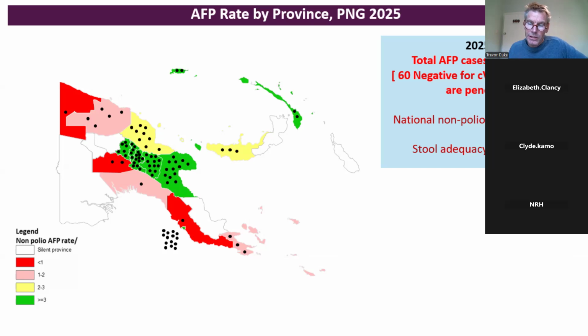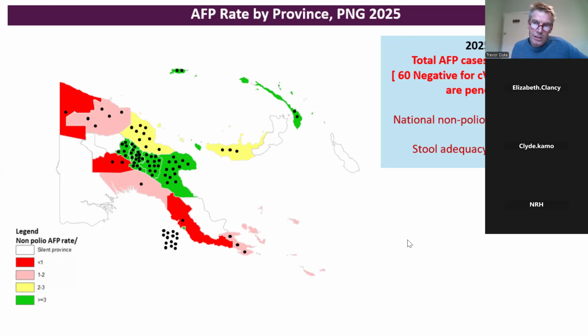And each year, each province should identify cases of AFP and report them. It's unlikely in a province of 300,000 or 1 million people that you won't see some cases of AFP, not because of polio, but because of Guillain-Barré syndrome.